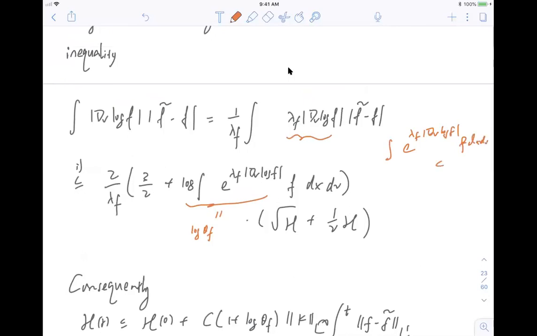We assume this is finite. I guess this is called theta f.